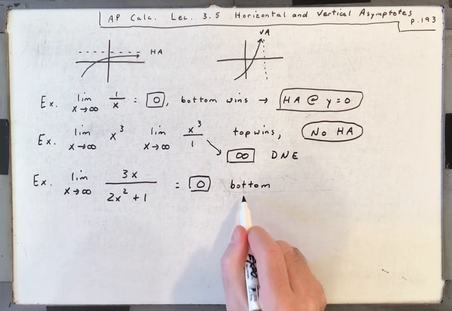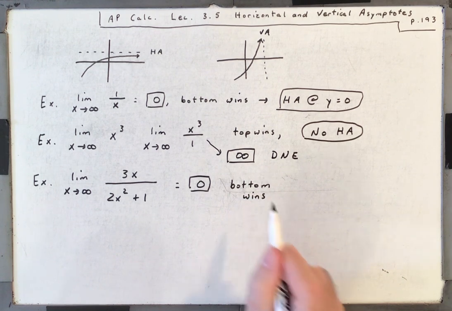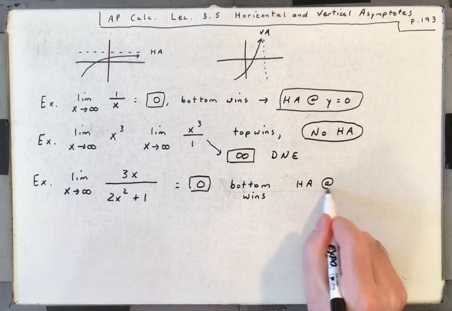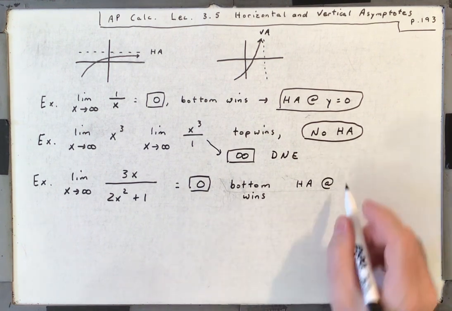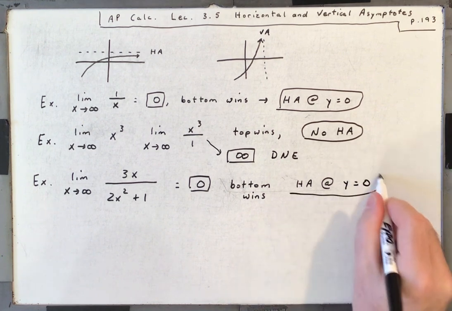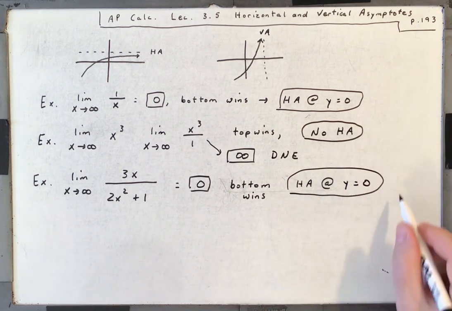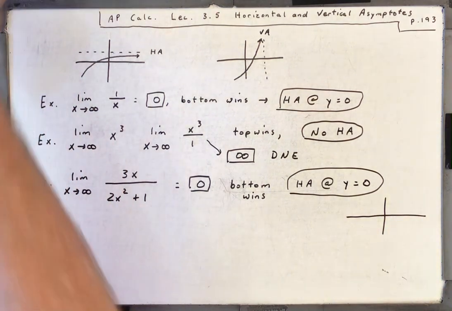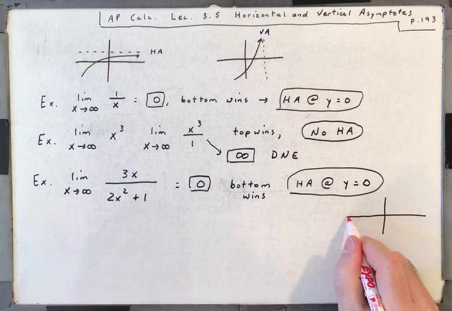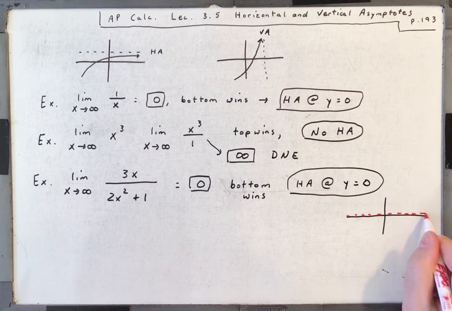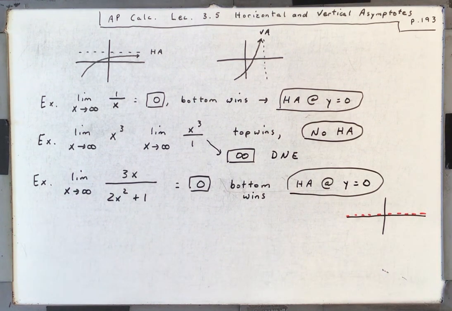When I say bottom wins, I mean the power is greater on bottom. So we have a horizontal asymptote, and on the homework, I want you to write this out at y equals 0, at the x-axis. I'll do it with a different color here. That just means that on the x-axis we have a horizontal asymptote, so our curve will never pierce the x-axis there.